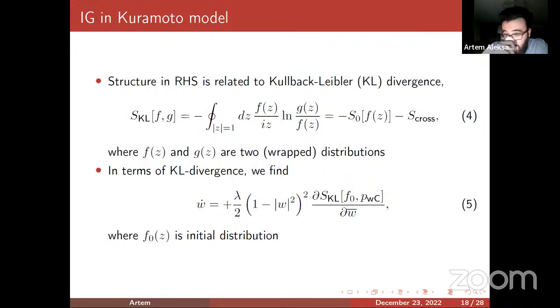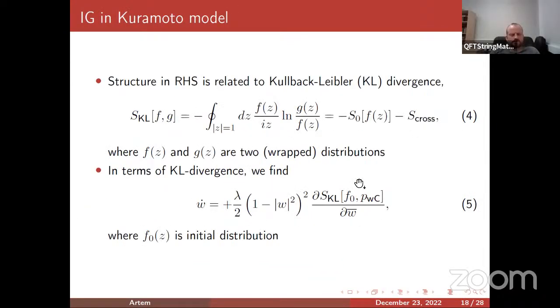But nevertheless, we have shown that the synchronized state corresponds to a peculiarity of the Fisher metric.